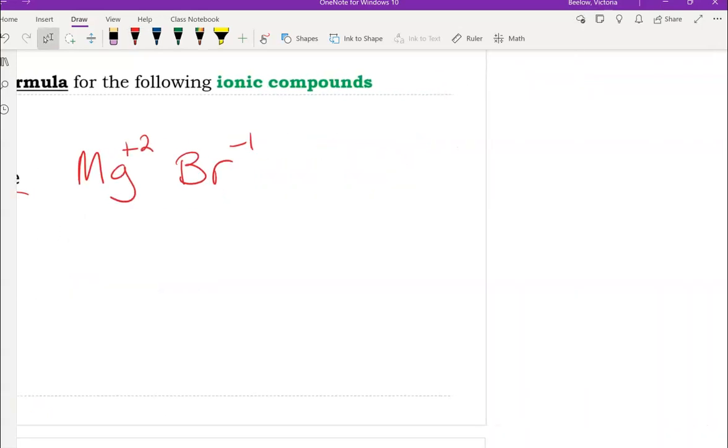Now I'm going to show you the shortcut method that I use to find the formula, and it's what I call the crisscross method. So the number here is going to become the subscript for the other element. Now with a 1, we don't write the 1s because that would be kind of silly and time consuming.